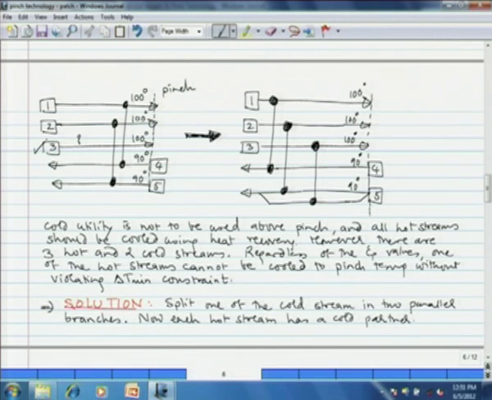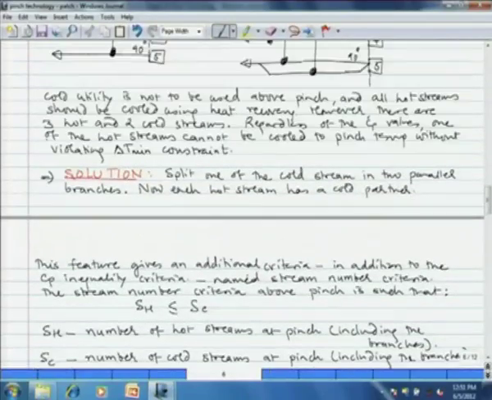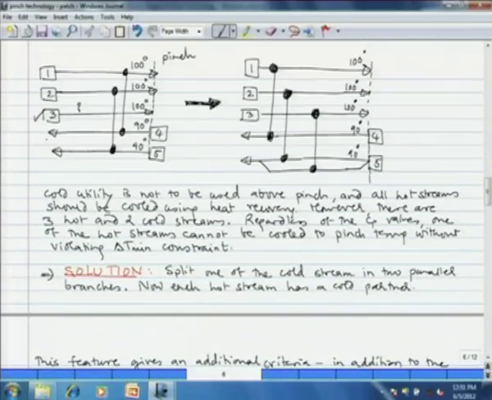We cannot use cold utility above the pinch because that will violate our basic constraint, and it will increase the operating cost. So, the only solution for such a problem is that we split one of the cold streams into 2 parallel branches, and now each of the hot streams has a cold partner.